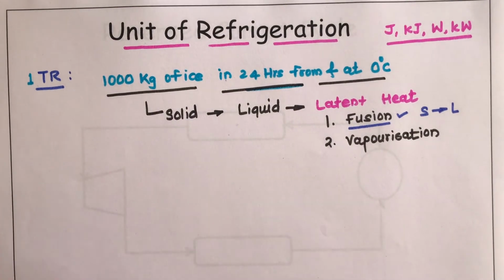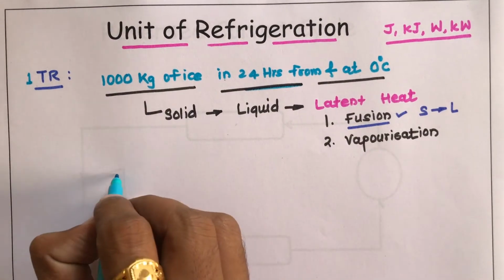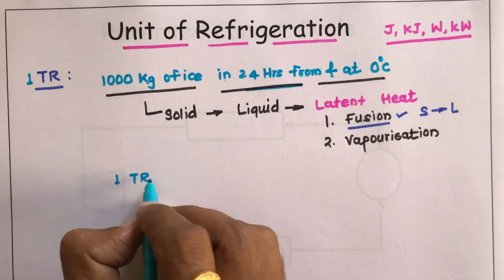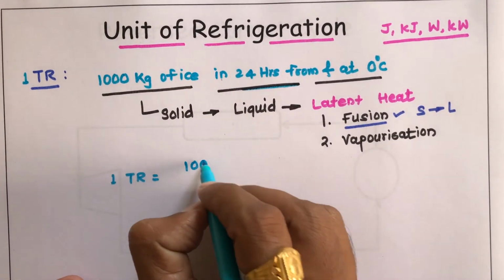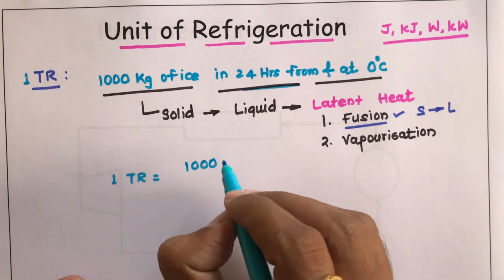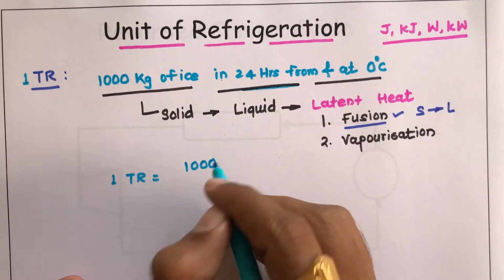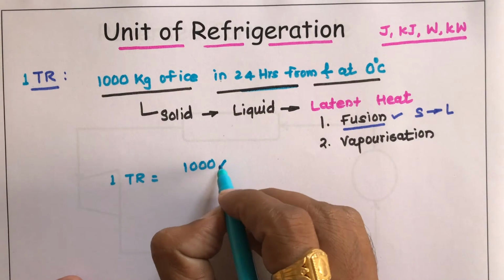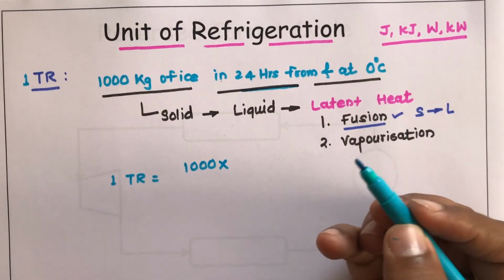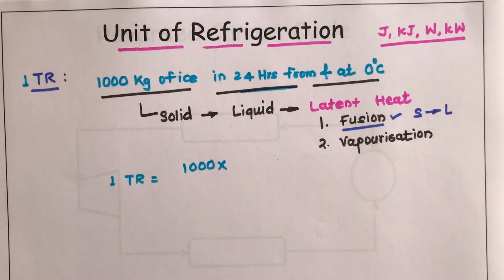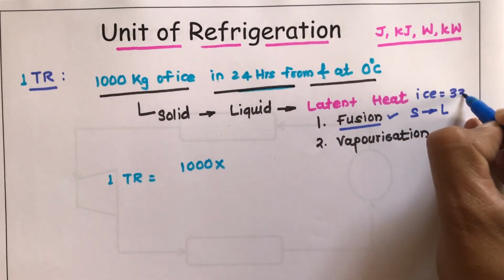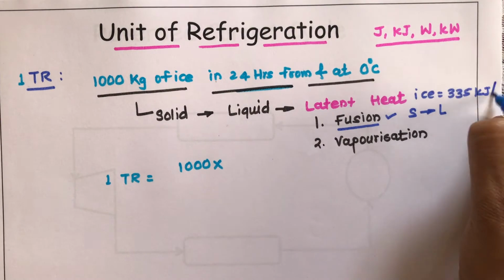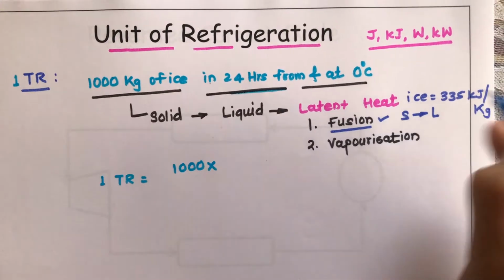Now let us calculate the value of 1 ton of refrigeration. Here we are going to have the melting of 1 ton, or 1000 kg, of ice. Now, how much is the latent heat of ice? The latent heat of ice is equal to 335 kilojoule per kg.